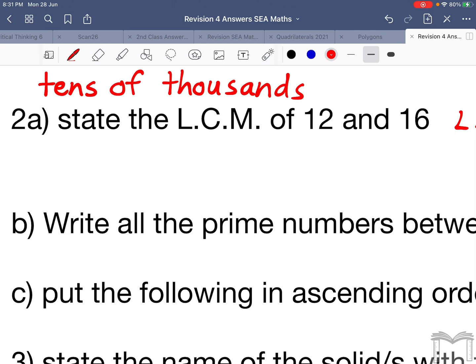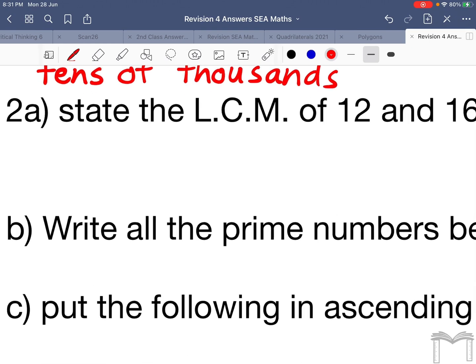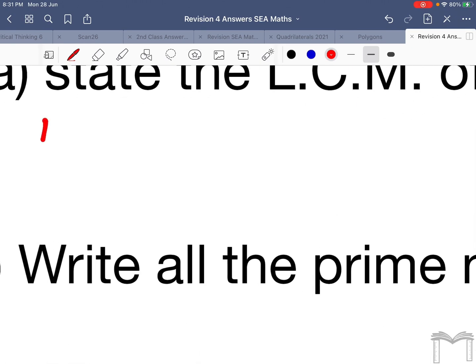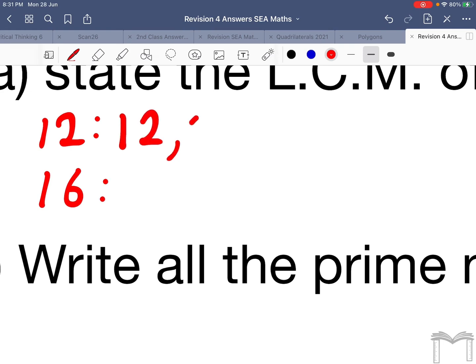So the first common multiple will be the lowest common multiple. So what are the multiples of 12? 12 times 1 is 12, 12 times 2 is 24, and so on.